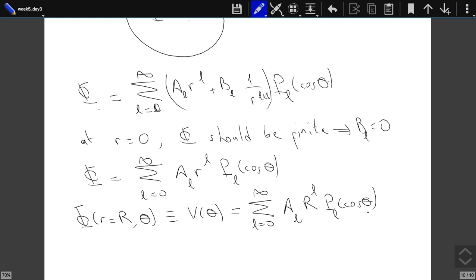Now I need to extract this A_L. And to do that, I multiply by sine theta P_L prime of cosine theta and integrate over theta from 0 to pi.